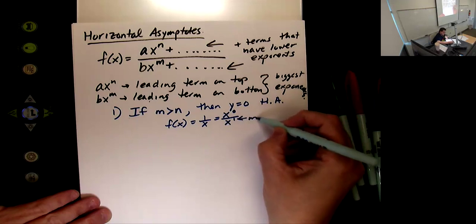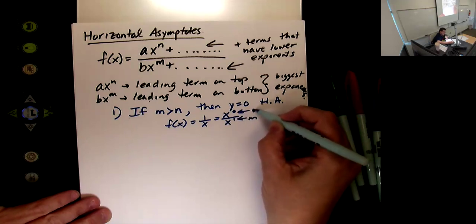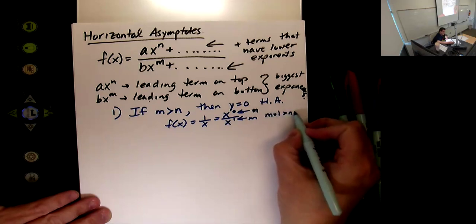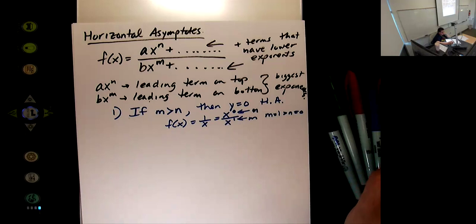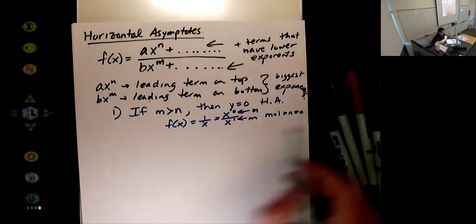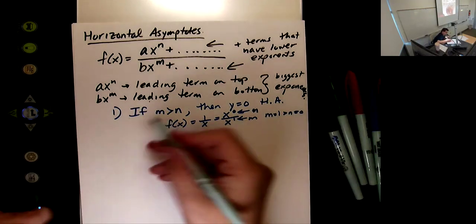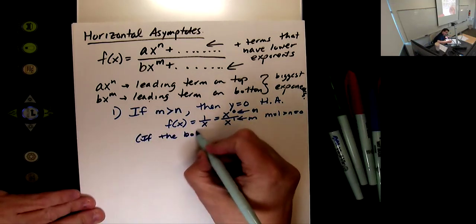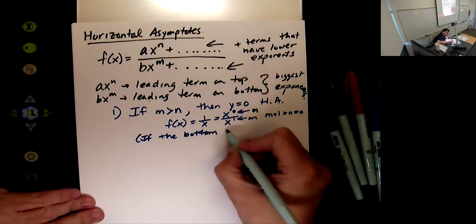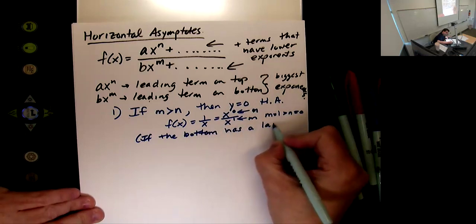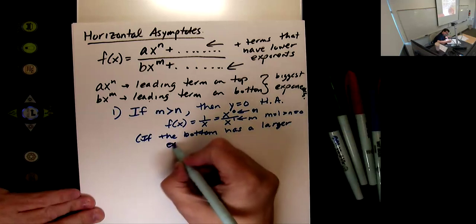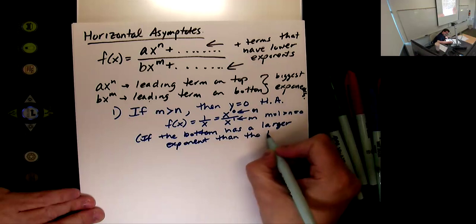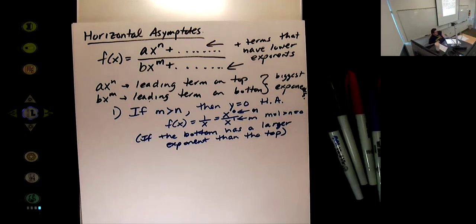That's my n, that's my m. M equals 1 is greater than n equals 0. So the bottom has a larger exponent than the top. If I would put it in English words.